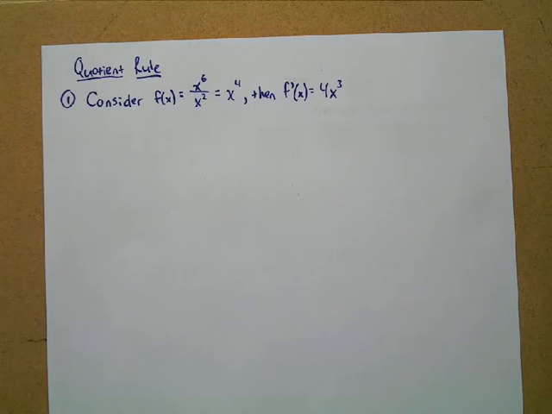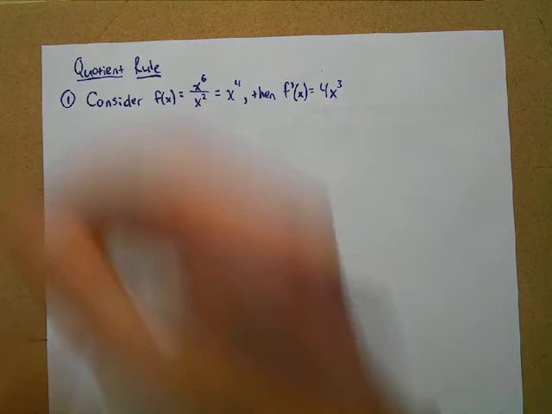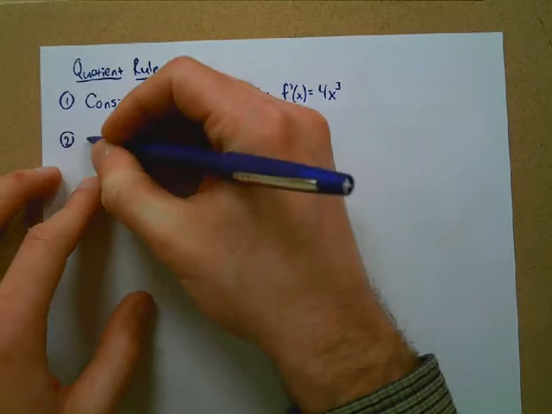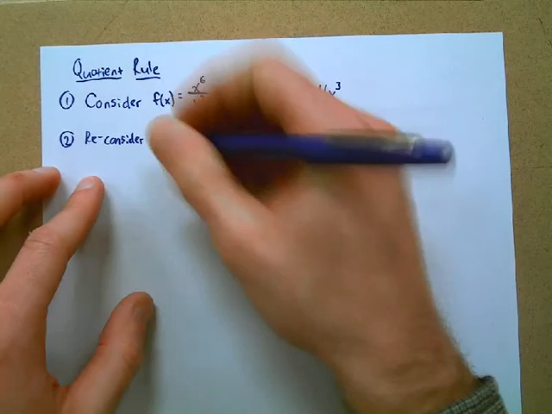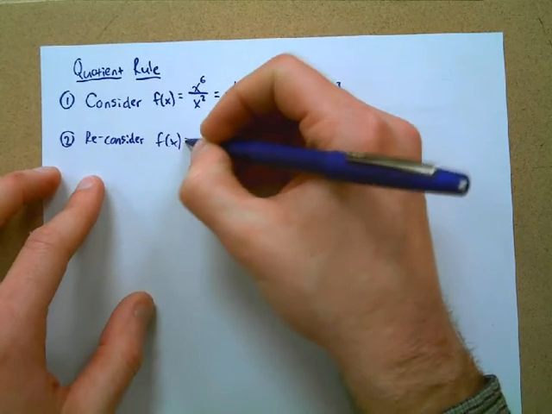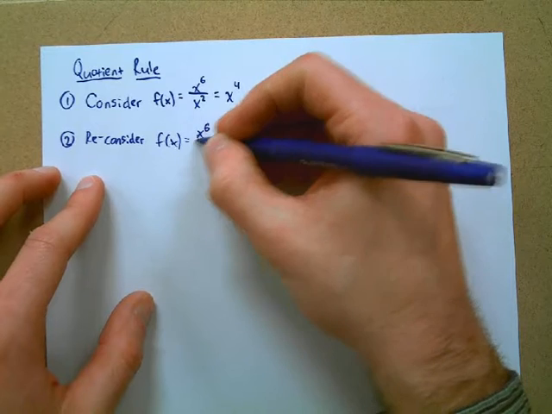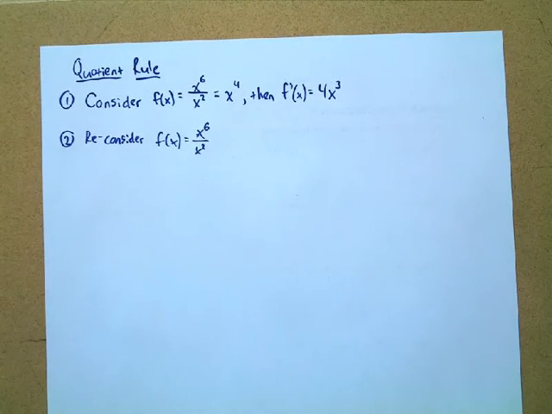Okay, easy, right? But let's, again, kind of do what we did yesterday. Let's reconsider. Okay, f of x equals x to the 6th over x squared.